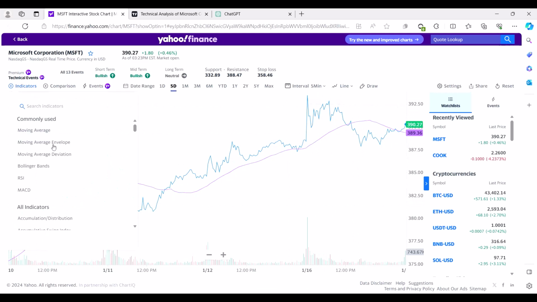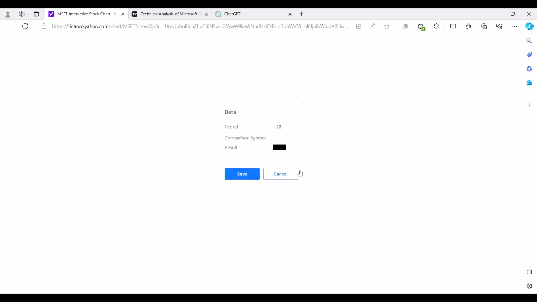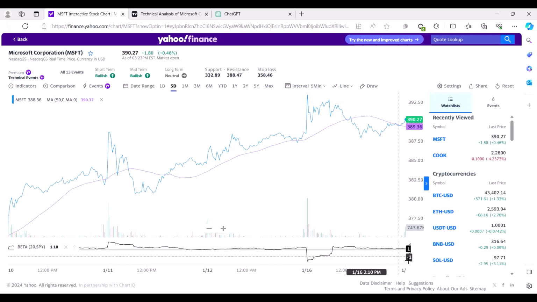Another tool that you can use is a beta. So a beta just simply measures volatility relative to the market. It's going to pop up down here. It's going to tell you that Microsoft shares during this period of time, whatever was happening on the 11th, were being significantly more volatile than the rest of the market. One would be performing in line with the volatility of the rest of the market.